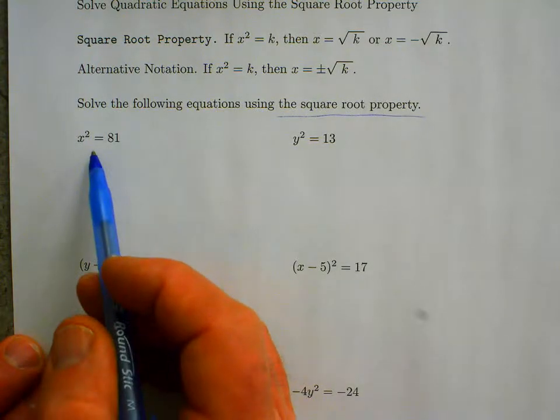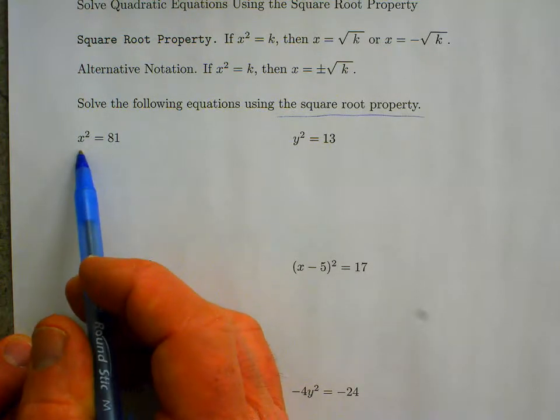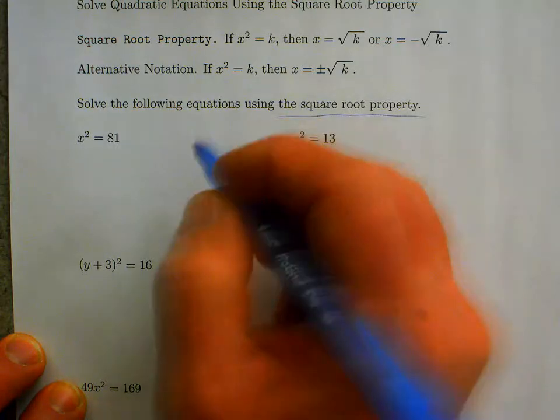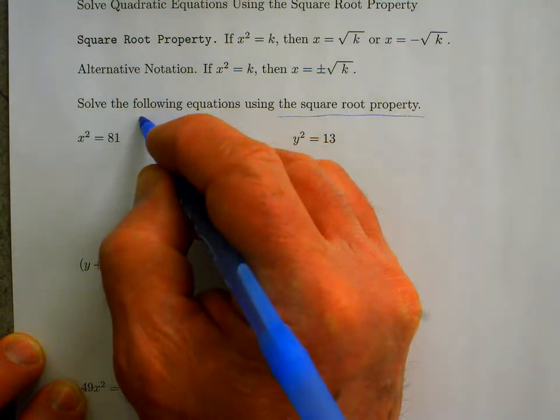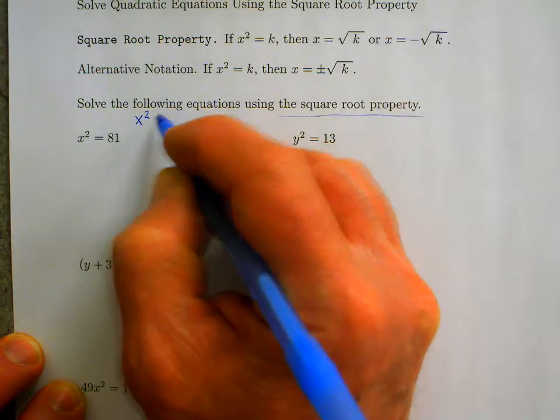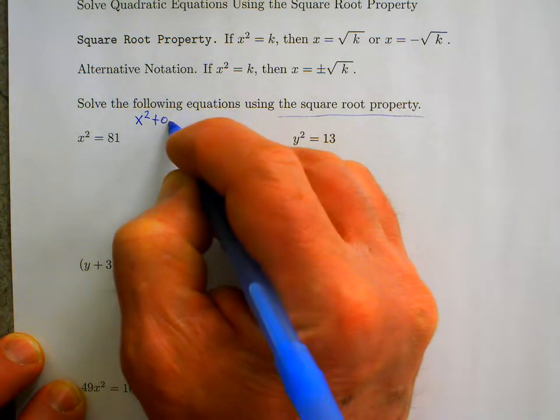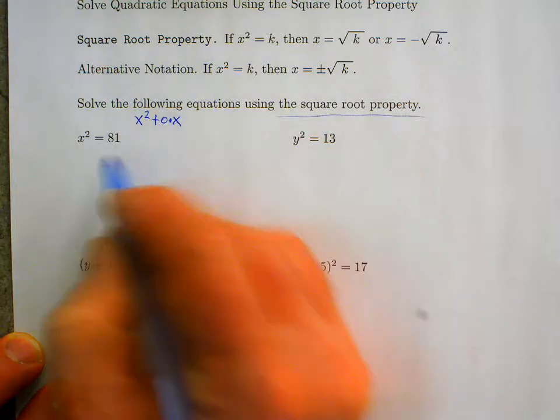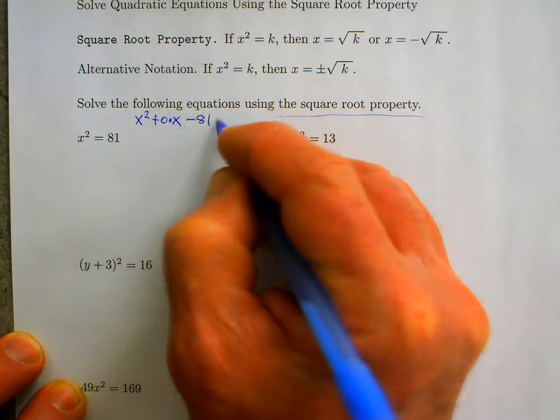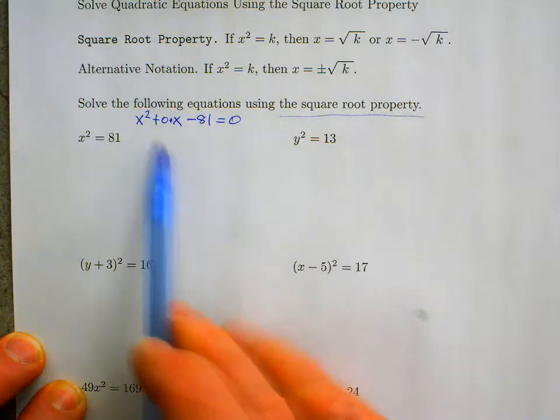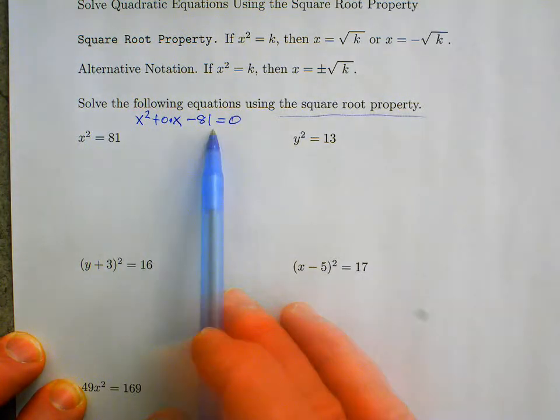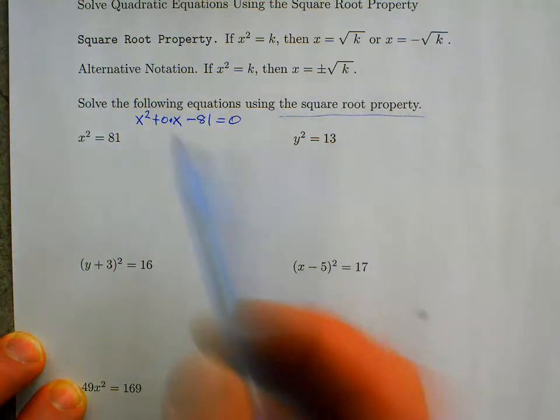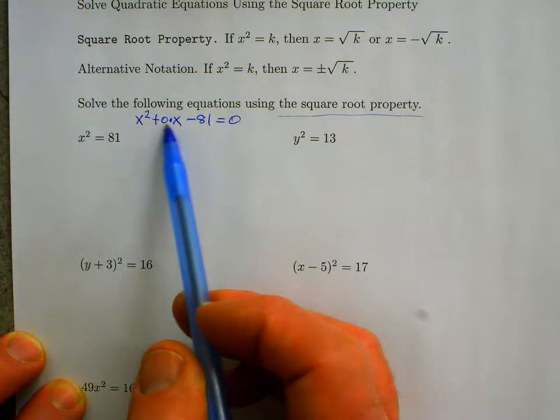There isn't an x term, but just as an aside, you could write this as x squared plus 0 times x, and then minus 81 equals 0. So this equation is the standard form for this one. But whenever the coefficient is 0, you don't need to write the term.